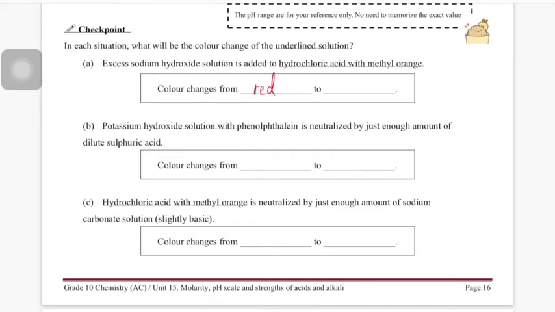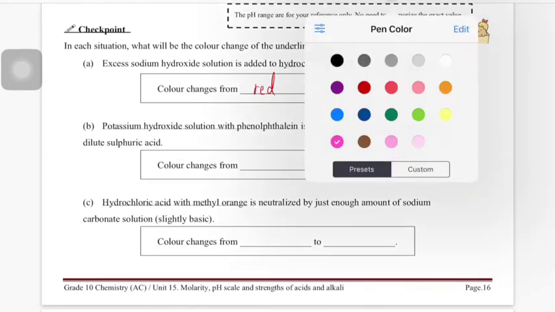And then we add sodium hydroxide solution, so it would neutralize the hydrochloric acid, and because we are adding excess, more than enough sodium hydroxide to neutralize it, the solution will eventually turn into an alkaline solution, and for alkaline solution with methyl orange, it will show a yellow color.